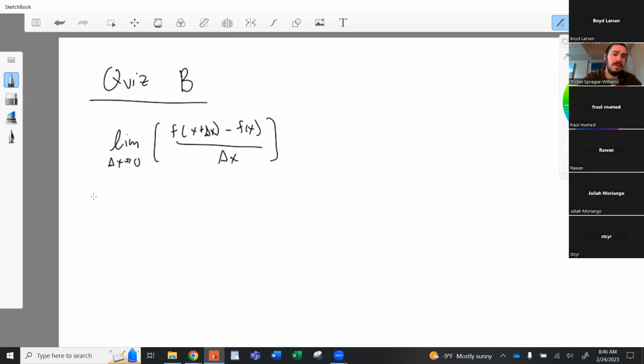This is the derivative of a function. This is the derivative definition. This could show up on the quiz for sure. But there's also going to be the differentiation rules, the shortcuts.